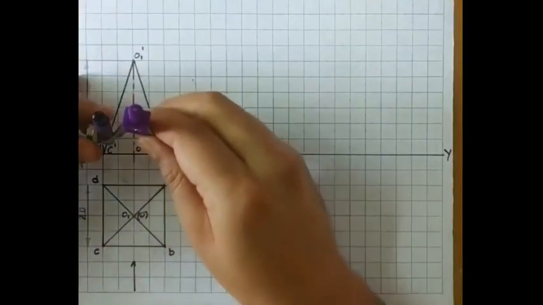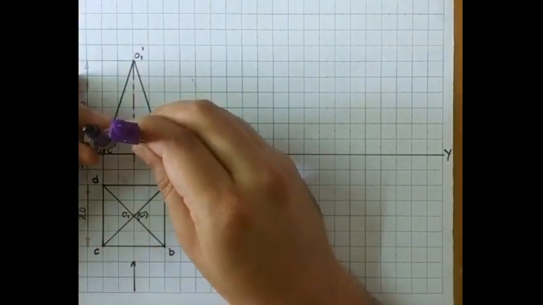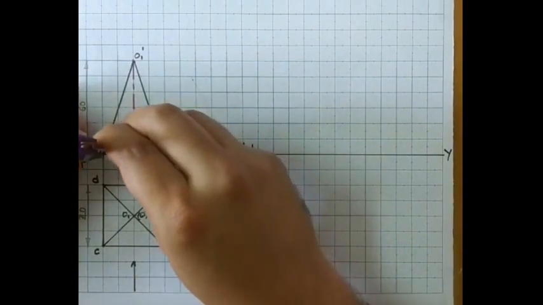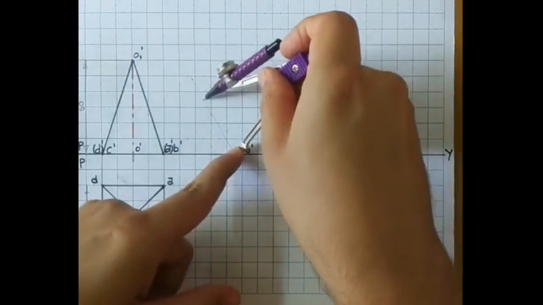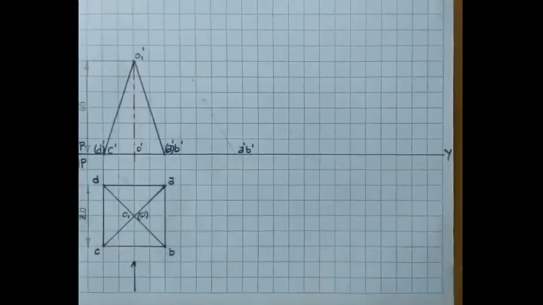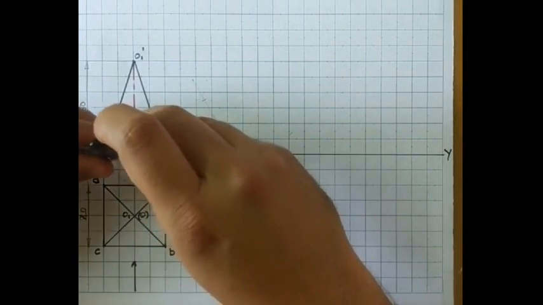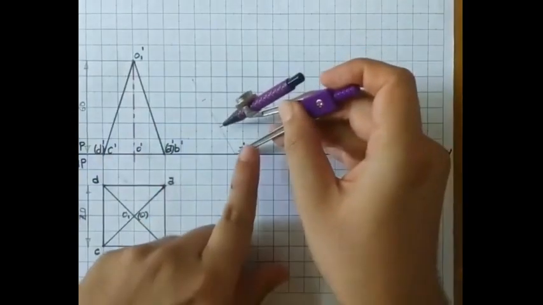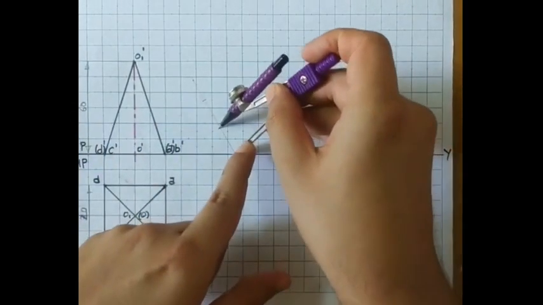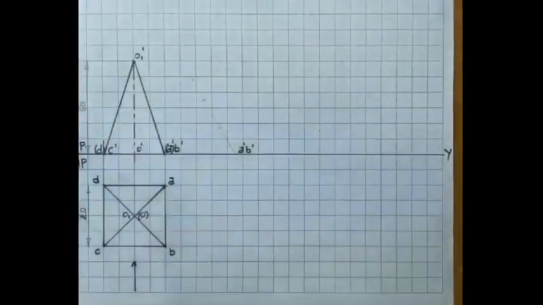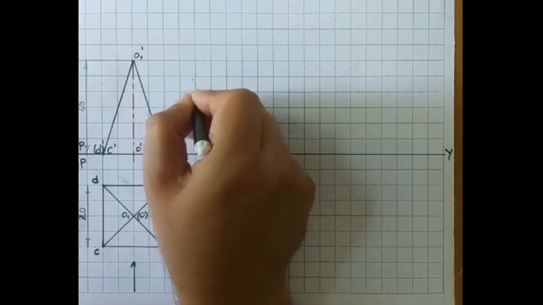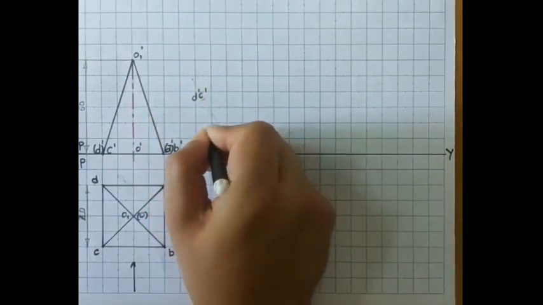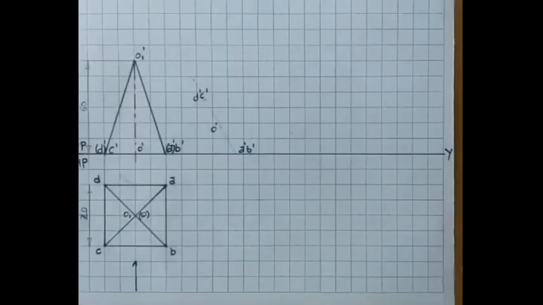Now we transfer all the remaining points A dash, B dash to C dash, D dash, and then O dash. So this is D dash and C dash, and this is O dash.